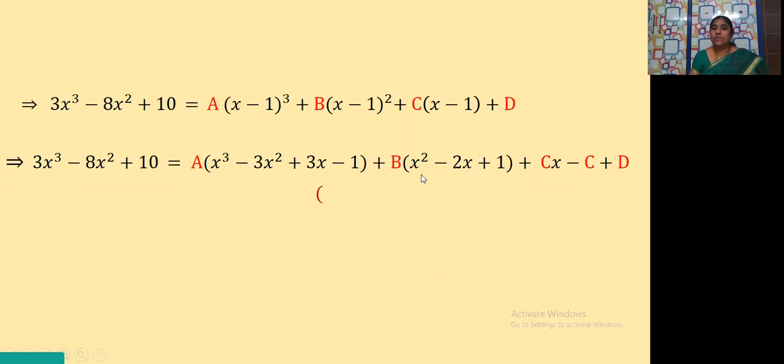Now what is the formula we have used here? It is (a minus b) whole cube, which is equal to a cube minus 3a square b plus 3ab square minus b cube. So this is the formula we have applied here.